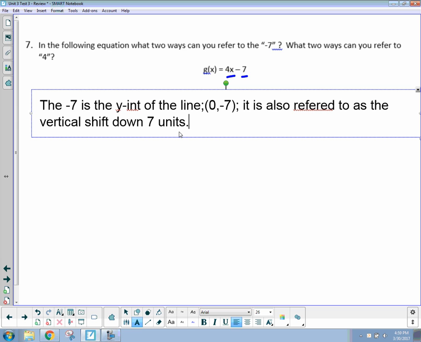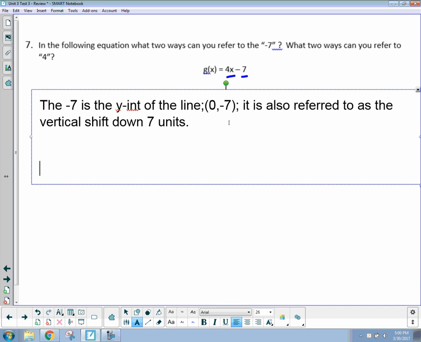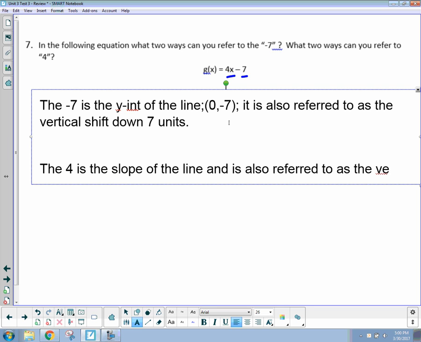Okay, next one is the 4, so let's look at that. The 4 is the slope of the line and is also referred to as the vertical stretch of 4.